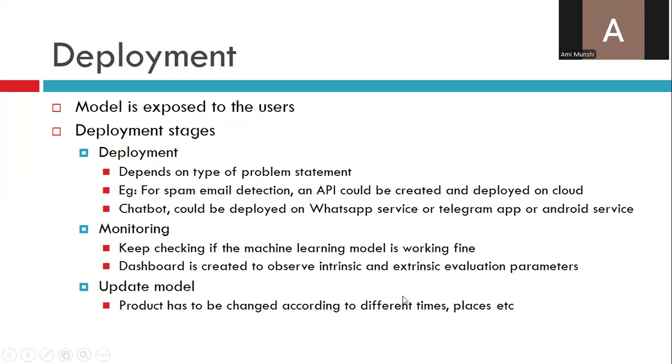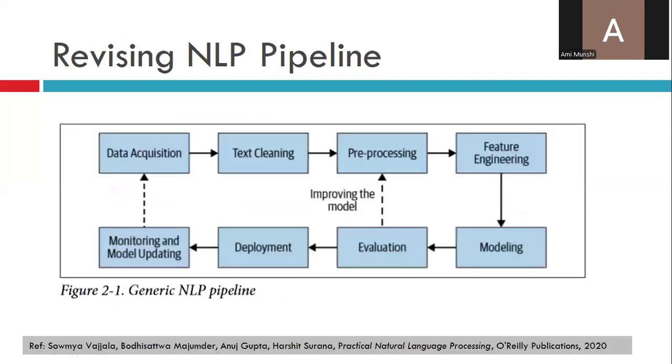So it depends on what kind of task we have. Accordingly, we do the deployment. So we create a chatbot or we have some website, some web interface. It depends on the problem that we have. So that is meant by deployment. So this is the pipeline of NLP.